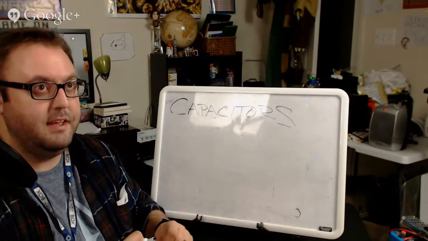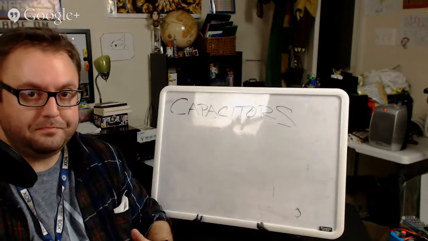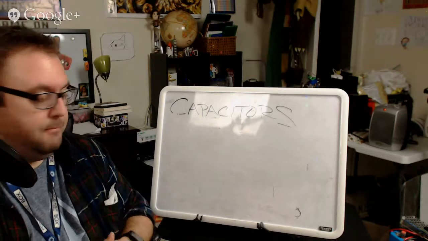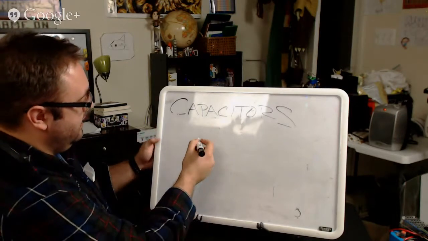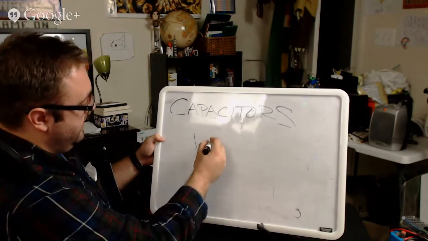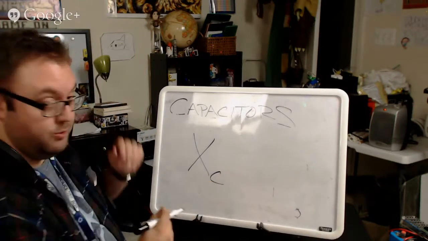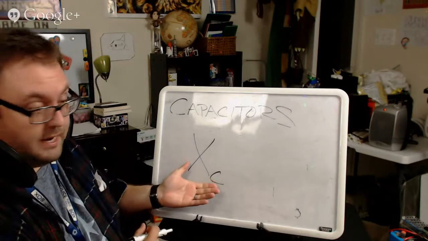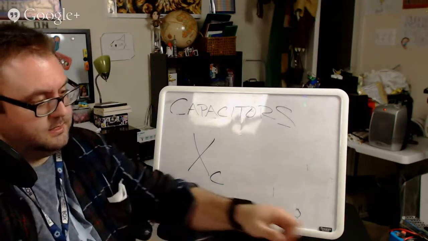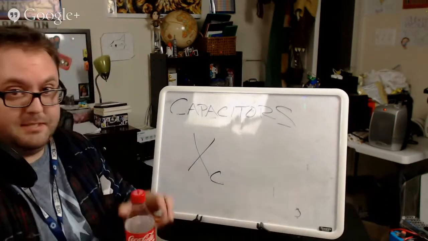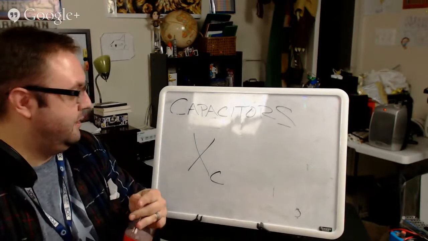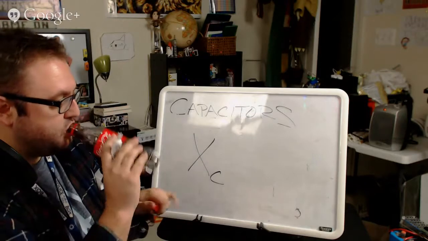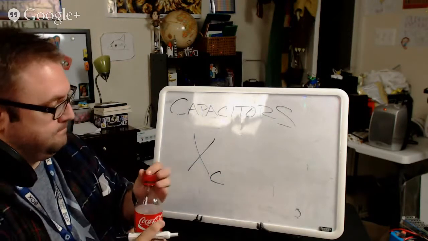Reactance, on the other hand, is a frequency dependent sort of resistance. In capacitors, we call that X sub C, with the lower C to show it's capacitive reactance. Obviously, there's inductive reactance, and we'll talk about that, and that would be an L.